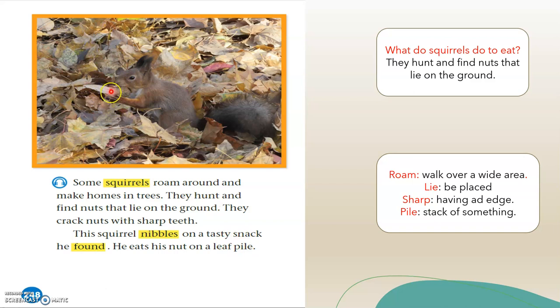He found a tasty snack, so he is eating that tasty snack. He eats his nut on a leaf pile. A pile is a stack of something, a very large group of leaves. So he is eating his snack on that leaf pile, on that group of leaves.